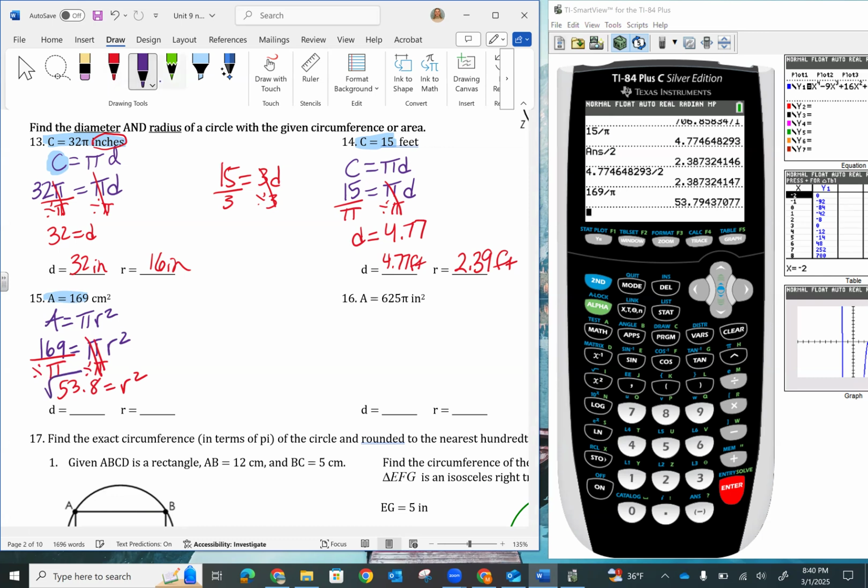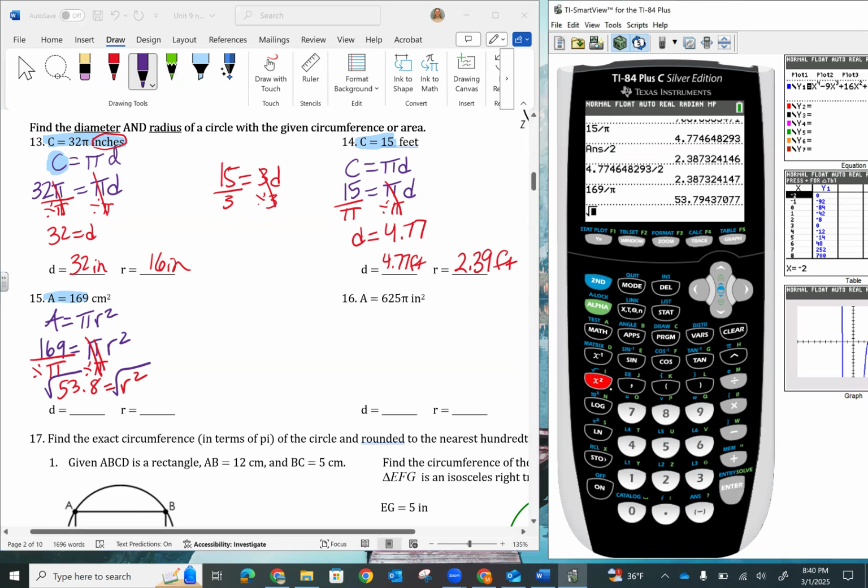You shouldn't square root the rounded off part. So you should go grab that prior number, the 53.8, arrow up to it, and push enter. Then you can take that value and take the square root of that number, and that will give me the value of the radius.